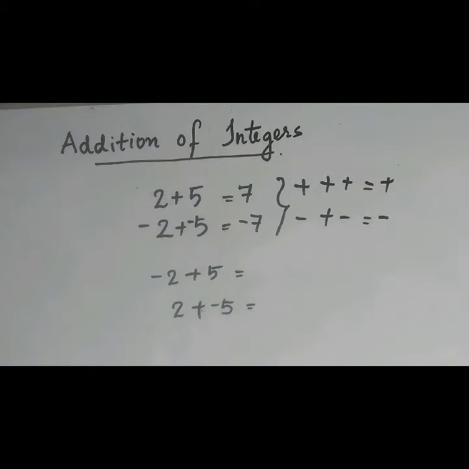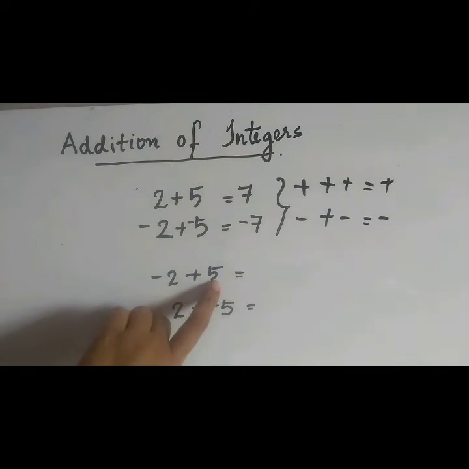Next comes a bit different rule. It's not complicated, it's a bit different rule. Negative 2 plus 5. First we need to check which is the greater number, 2 or 5. Just consider the digits 2 and 5.